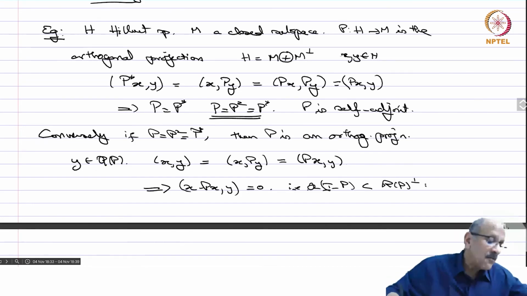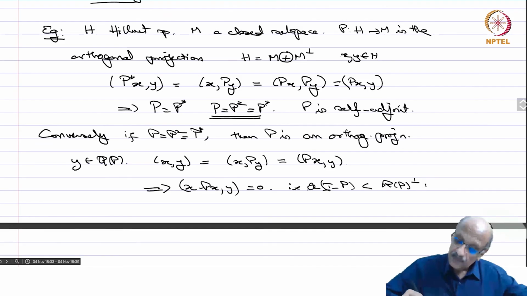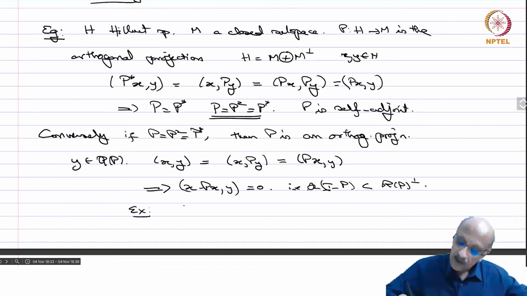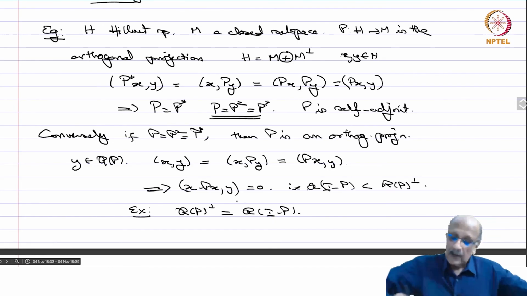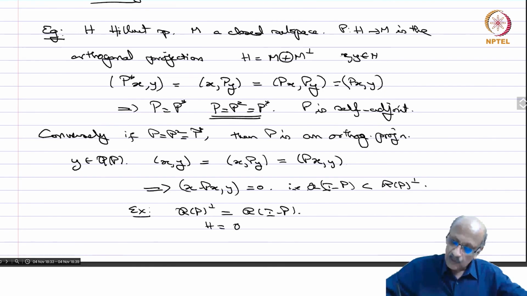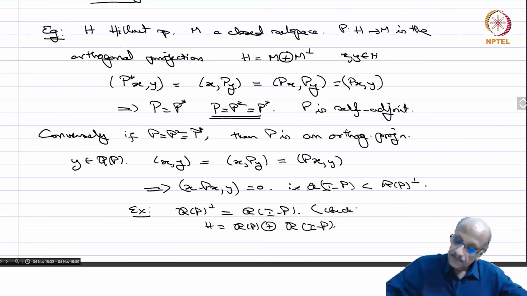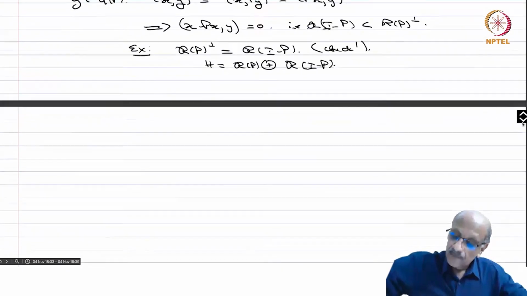Conversely, I leave it as an exercise to you that range of P perp is in fact equal to range of I minus P. So therefore you have that H is equal to range of P direct sum range of I minus P. So check, and therefore it is an orthogonal projection.